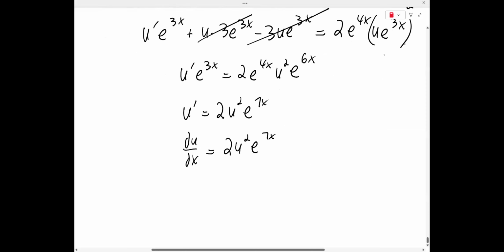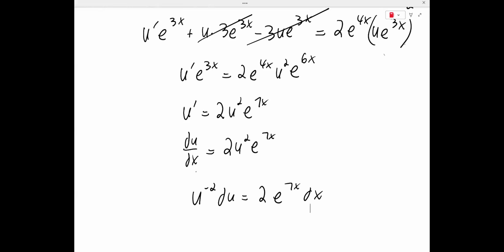Okay, and so then now separate it out. So I'll write like this. I'll say u to the negative second du is equal to 2 e to the 7x dx. Right, I move the dx over, and I multiply both sides by u to the negative second.